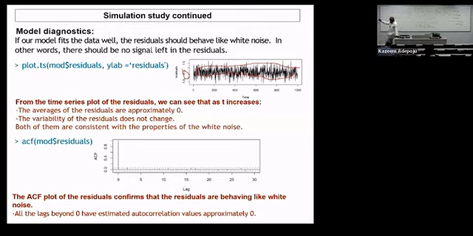Then we're also going to look at the constant variance. Don't forget, we said something the other time, right? The assumptions in time series are a different scenario. Assumptions of linear regression are linearity, normality, constant variance, independence.